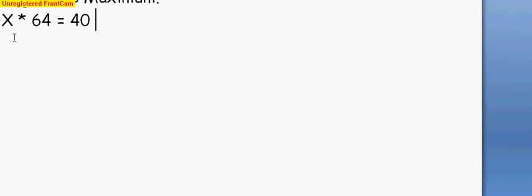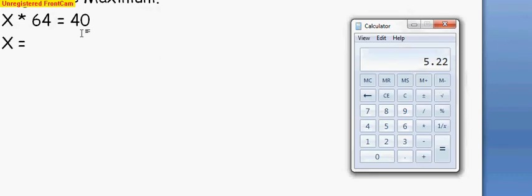And then you have to do similar to the last one. You have to divide both sides by 64. So divide by 64, divide by 64, and you're gonna get x equals 40 divided by 64. 40 divided by 64 is 0.625.